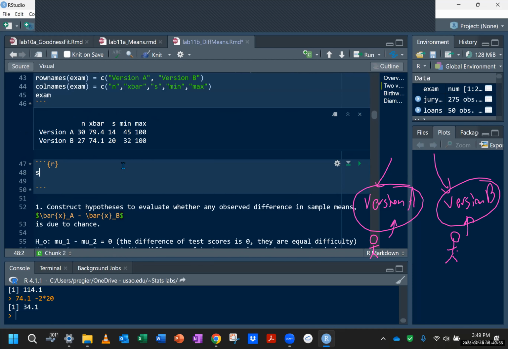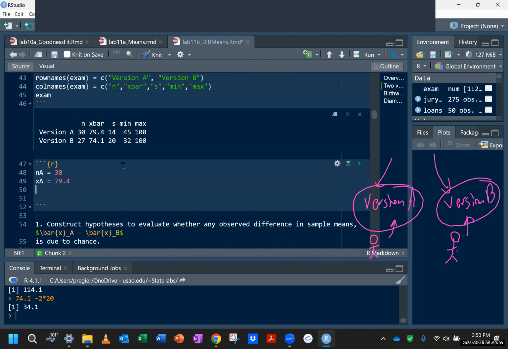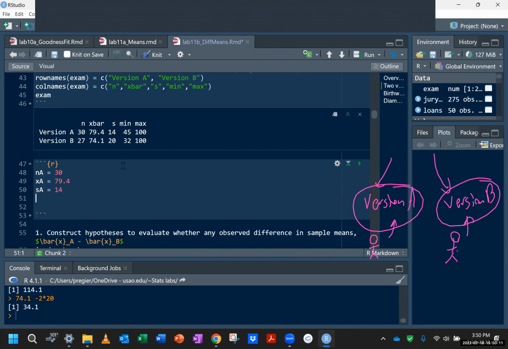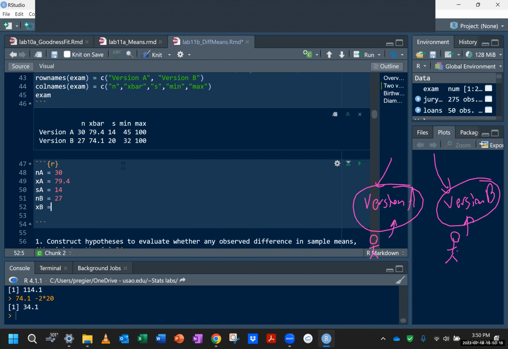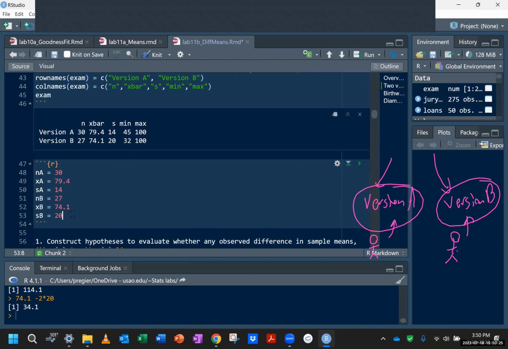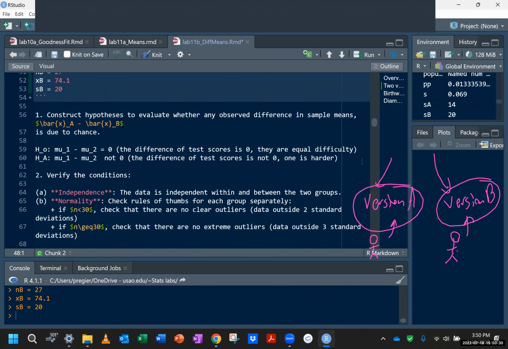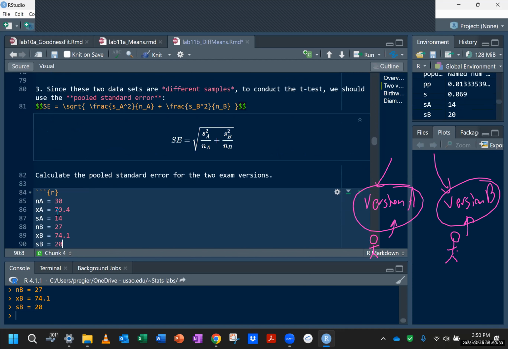SA was... Then nA was 30. That's all the statistics that I've gotten, and with that information I calculate my standard error.